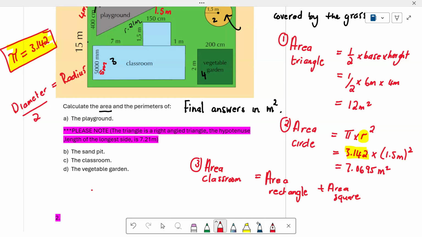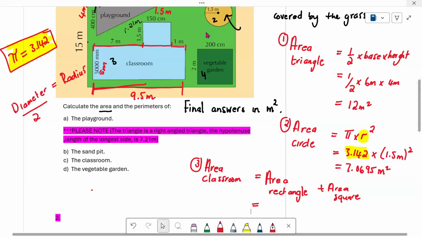So to get the area of the rectangle, tell us again what you did there. You took the 7 meters, plus the 1,5, so that gives us 8,5. Plus the 1 meter, so that gives us 9,5. Is that what you said? Yeah. Good. So you take that 9,5, which is the length.